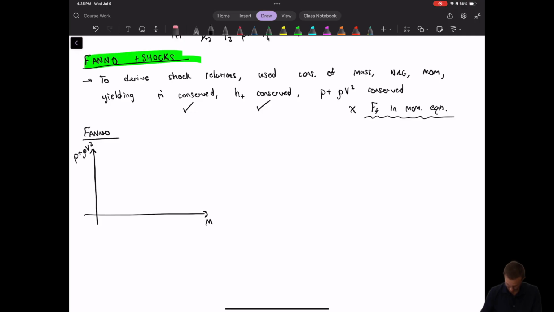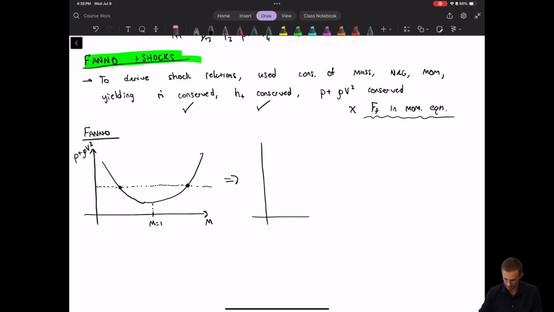So this minimum point is M equals 1. But if you start from a point here, say this is where your shock is going to occur, then your shock has to jump over to that point there, where you have the same value of P plus rho V squared. So what does that look like on our Fanno line diagram that we've been drawing?